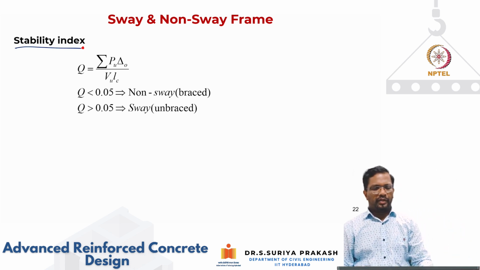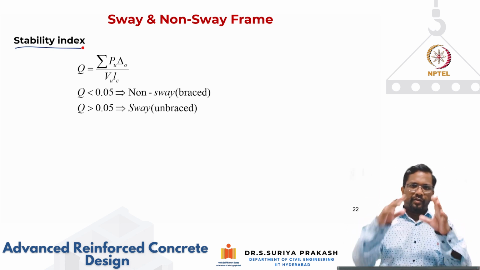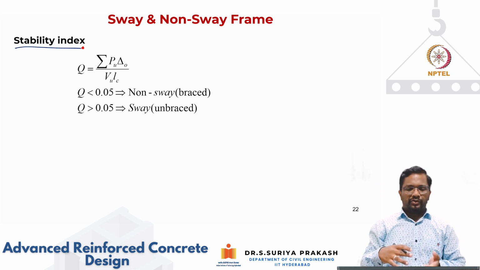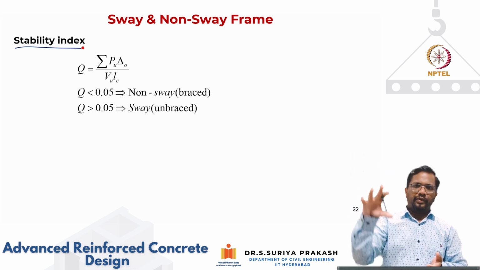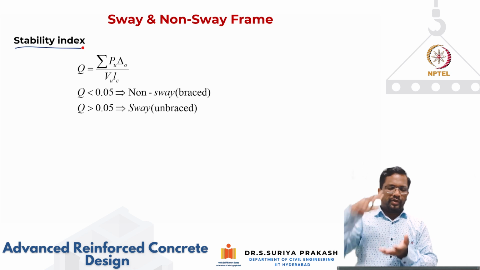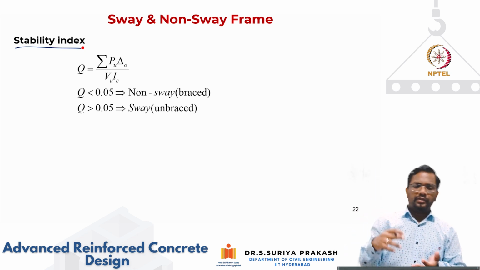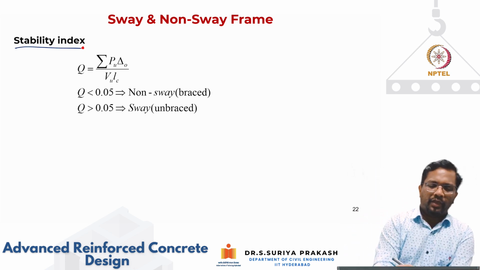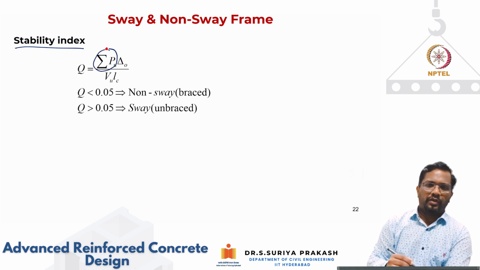Let's see what the stability index is. For a particular story, we take the free body diagram of a moment resisting frame for that story, and then we calculate the stability index using the summation of all the axial force coming on this particular story.